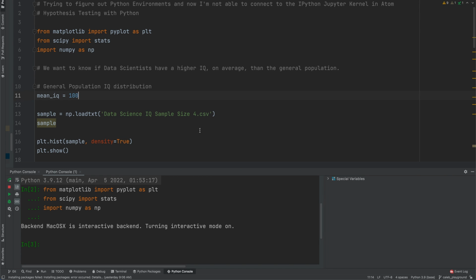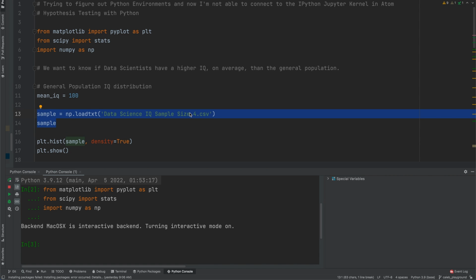So they would both be 100. That's where we're going to base everything off of. We're going to assume that is the truth, and then we're going to see what happens with the statistics. The alternative hypothesis is that the mean for the data scientists is bigger than the mean for the general population. With that being said, let's jump in and grab these samples here.